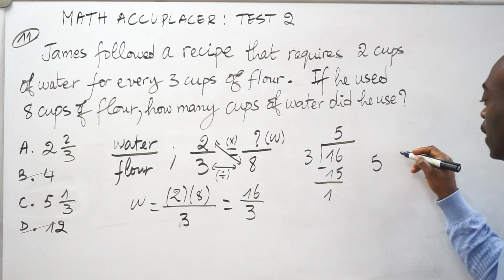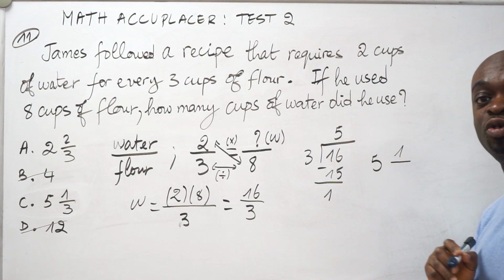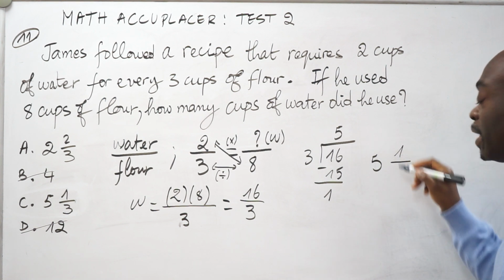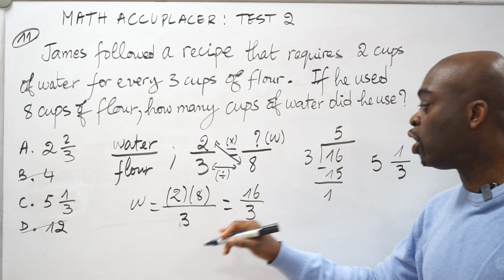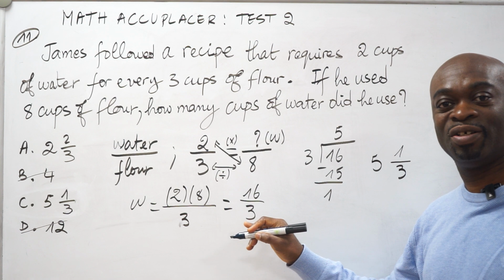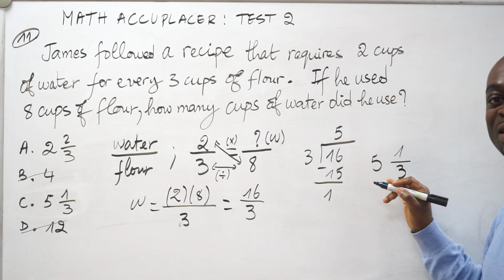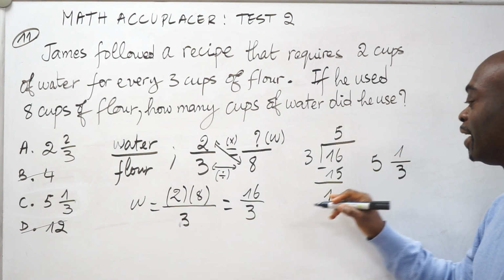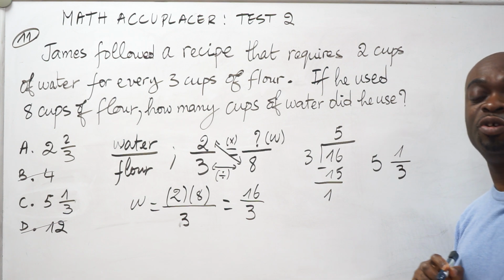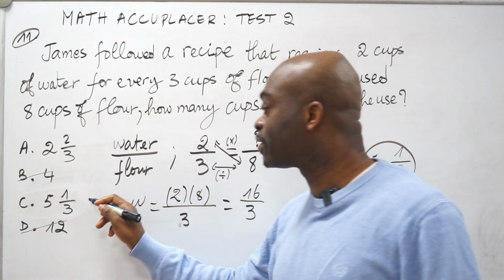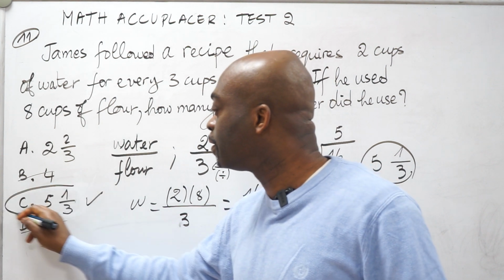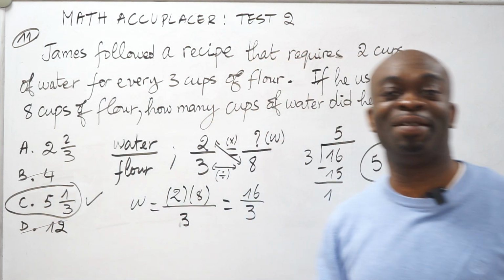The remainder will come as numerator, because now you're making up a fraction, and then your denominator stays the same. So your denominator does not change. Okay, so the 3 stays 3. The 5 is the whole number, and then the remainder is your numerator right in there. So it's 5 1/3. Do we have it here? Yes, that's C that we have here. Okay, so this is it.